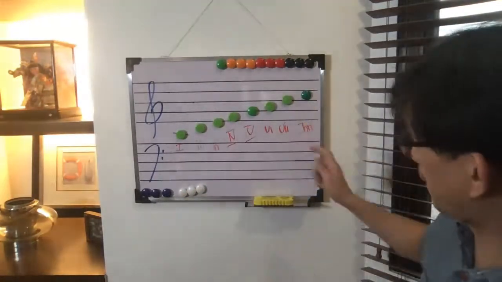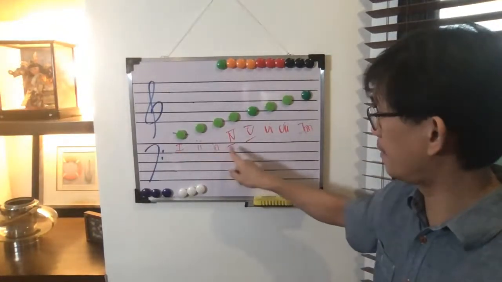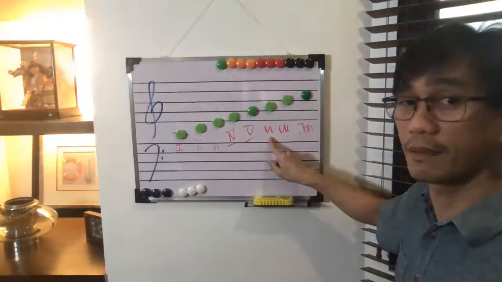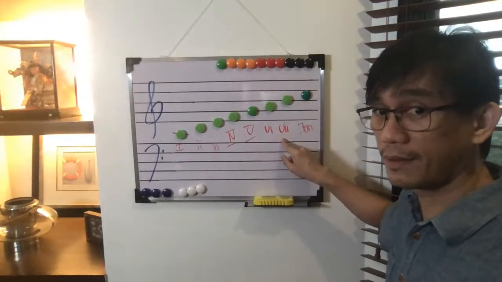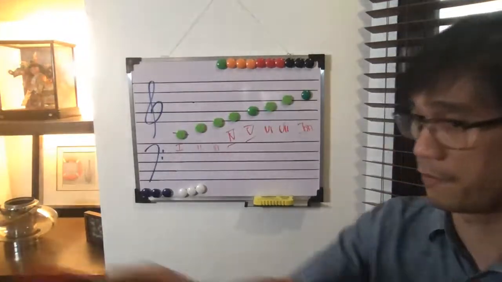These are the theoretical names: tonic, supertonic, median, subdominant, dominant, submedian, leading tone or subtonic, and then tonic octave.